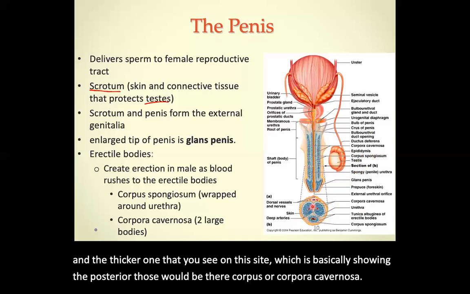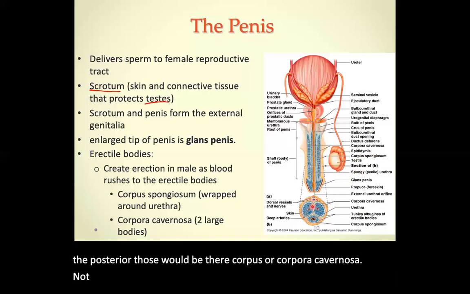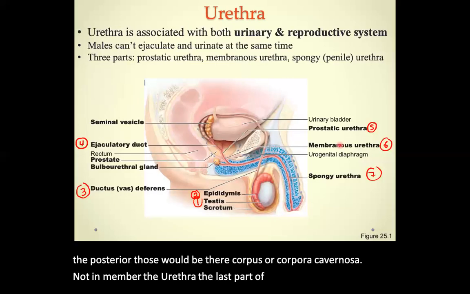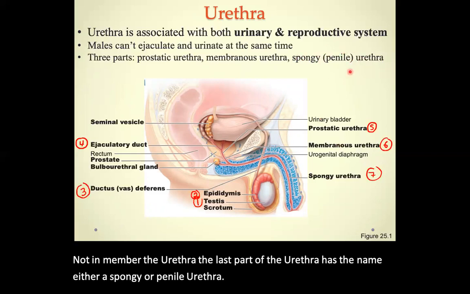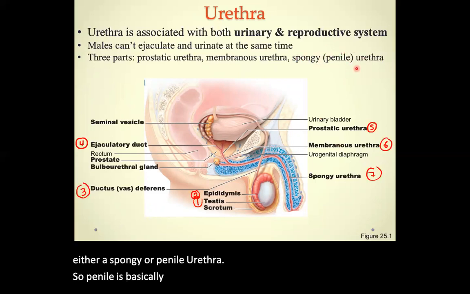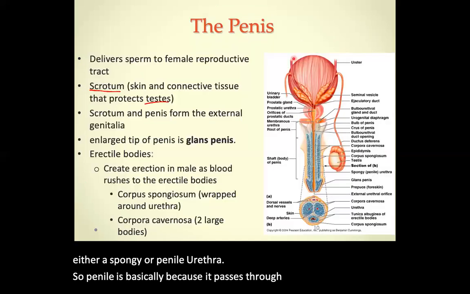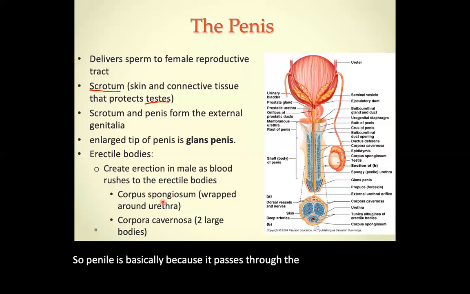Now remember, the last part of the urethra has the name either spongy or penile urethra. Penile is because it passes through the penis, but the word spongy is because the connective tissue that's wrapped around it is called corpus spongiosum, hence the word spongy. So you can also call that urethra a spongy urethra.